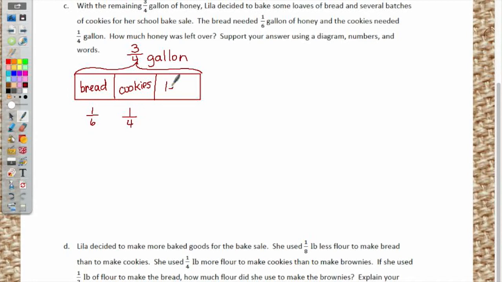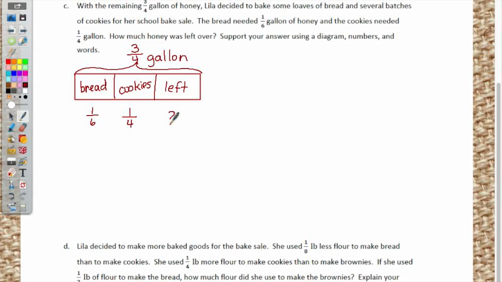How much honey was left over? Support your answer using a diagram, numbers, and words. Okay, now this is a two-step problem.